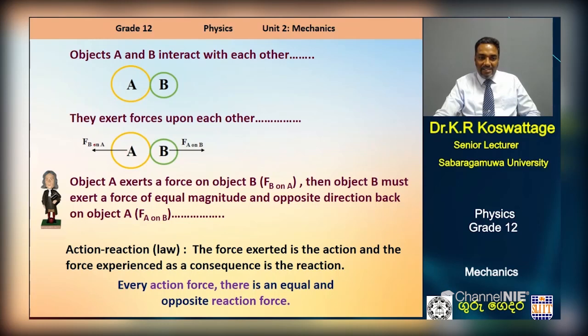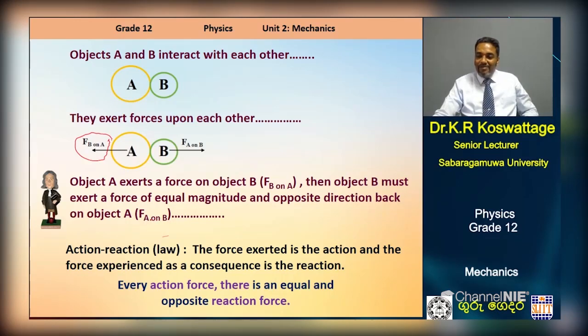Object A exerts a force on object B, and object B exerts a force, F B on A, which is equal in magnitude and opposite in direction, on object A.